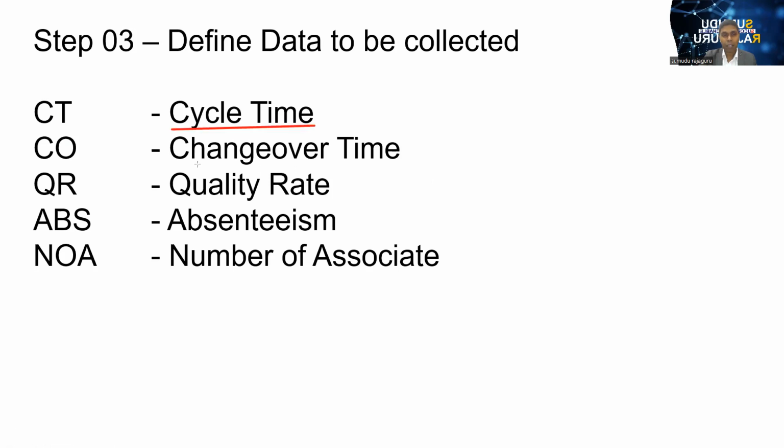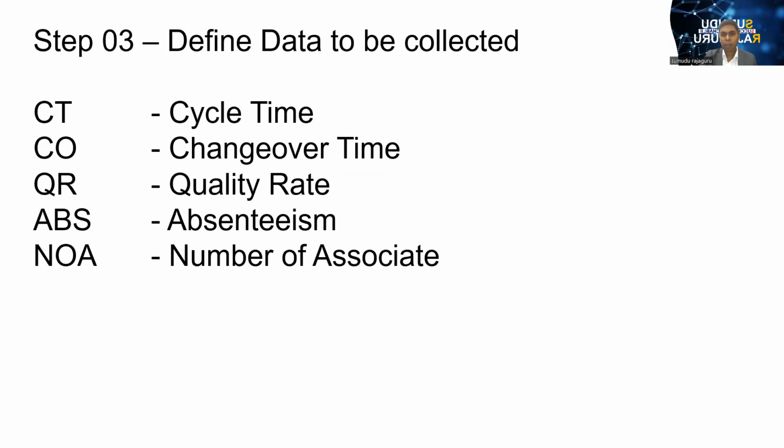Other than that, it may be quality rate, absenteeism, number of associates, rejection percentage, whatever the data. If you think you can use that data for further improvement, definitely include it in the data boxes. So that is step number 3.